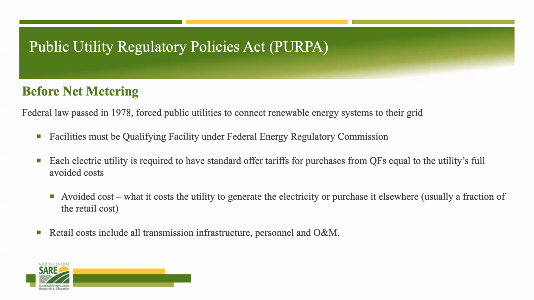They then set in place a process for them to be compensated. At a high level, PURPA requires that electric utilities have a standard offer for qualifying interconnected generators that will compensate them. It's what's referred to as avoided cost. Essentially, that is the cost it would take the utility to either generate that electricity on their own or procure it from another source.